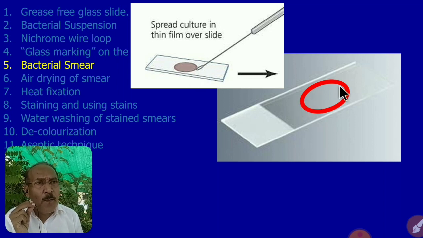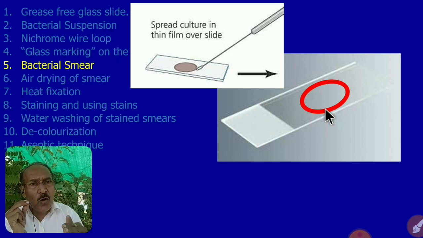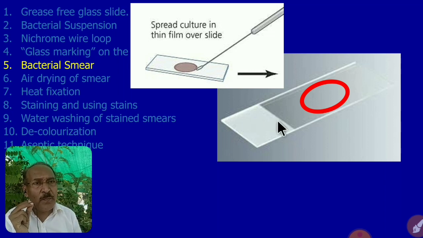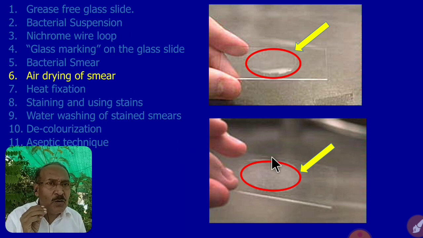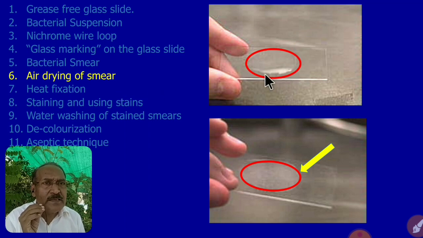Now, the mark on the glass slide should be at the lower side and your bacterial smear should be on the upper side. This is usually the practice of preparation of bacterial smears. Then comes the step of air drying of smear. Here are two photographs shown. In this upper photograph, you can see there is a moist spread bacterial suspension in this glass marked portion, and you can see some water also getting accumulated over here.